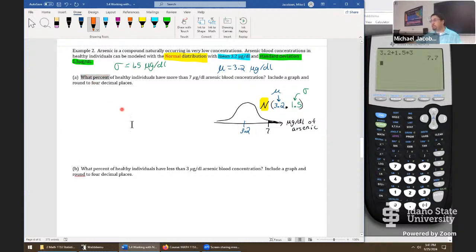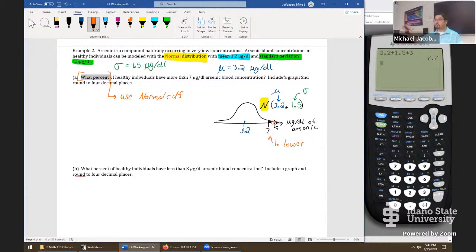Okay, now here's where we're going to decide what's the right function in the calculator. If it says what percent, then we use normal CDF. And normal CDF takes 4 different inputs. It'll take, first in the shaded area, a lower value. So this is input 1, lower.